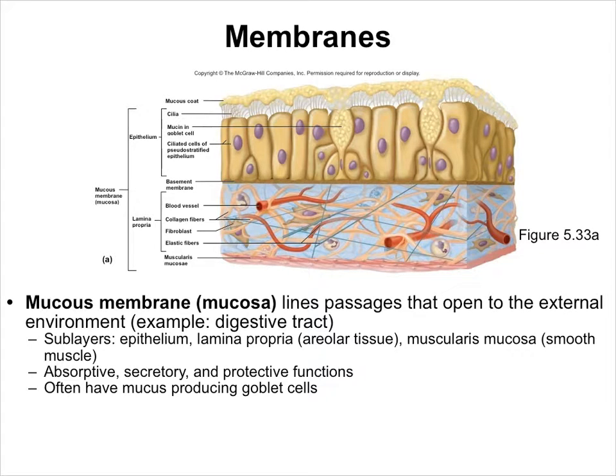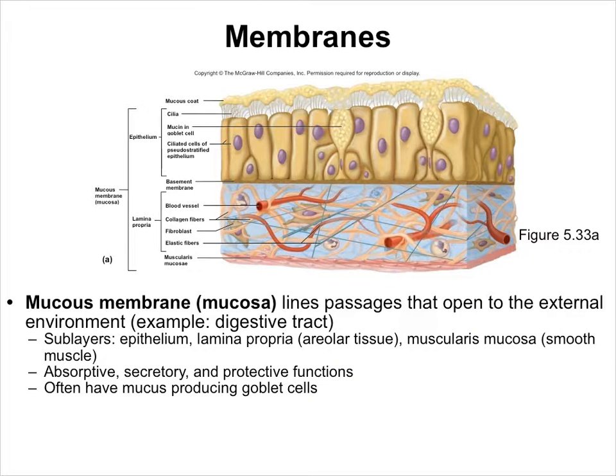There are many, many different types of membranes that we might talk about at some point during the class. There's a few that I want to highlight right now. A mucous membrane, or your mucosa. This is something that we're going to talk about over and over and over and over and over. It is basically a mixed membrane.